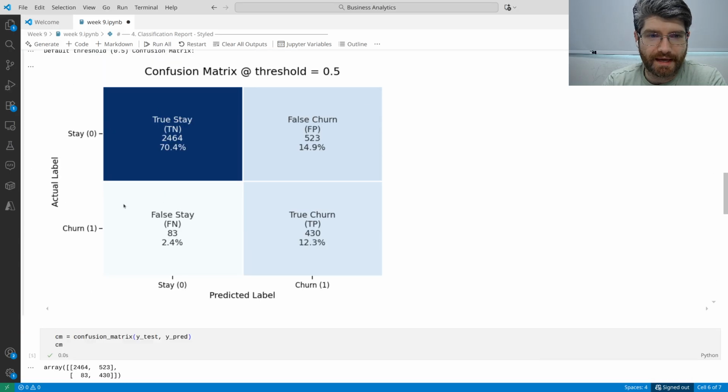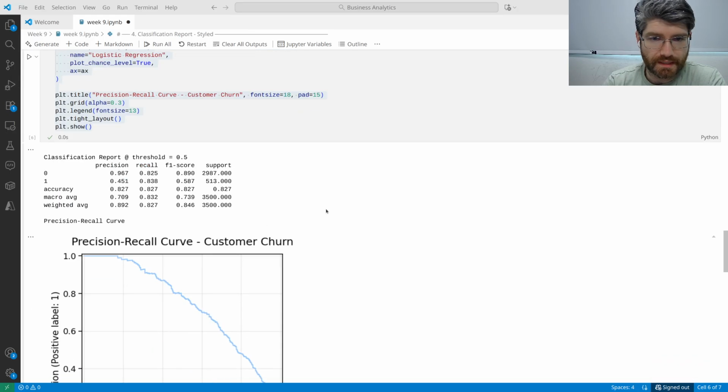We only have 83 missed. They left and we didn't see it coming. It minimized the false negatives, only 83, but at the cost of raising the false positives. So we can see that the alarm fired 523 times.